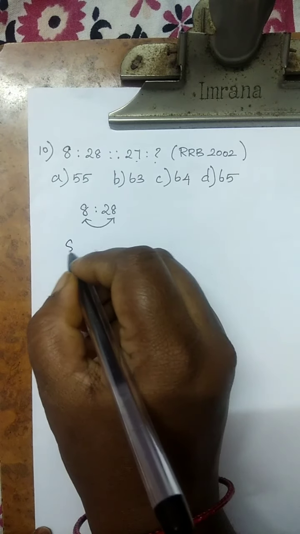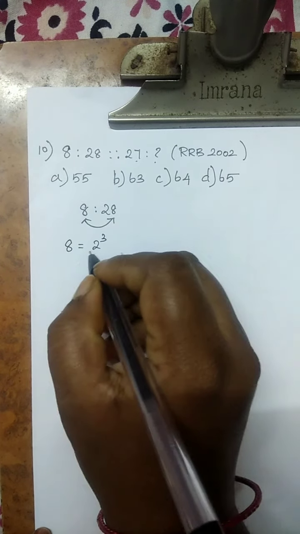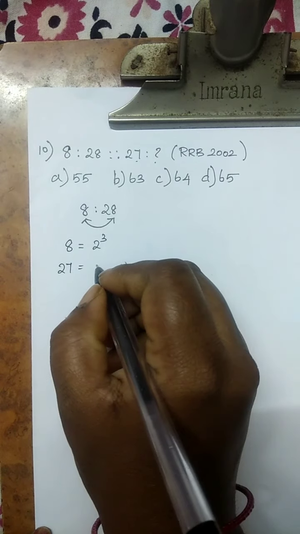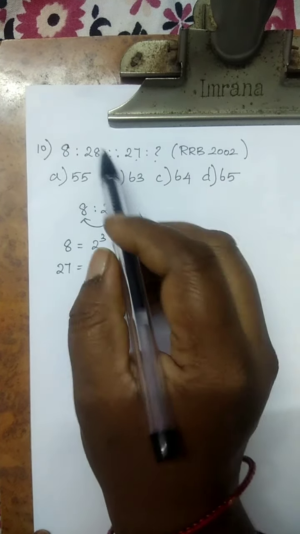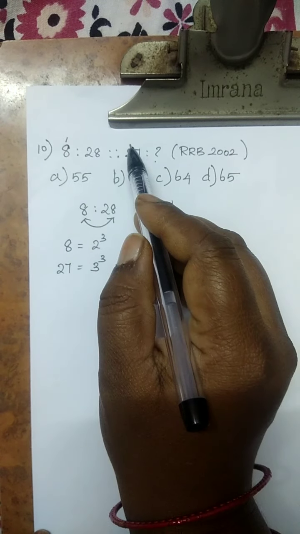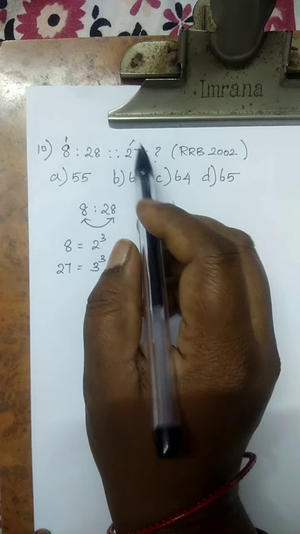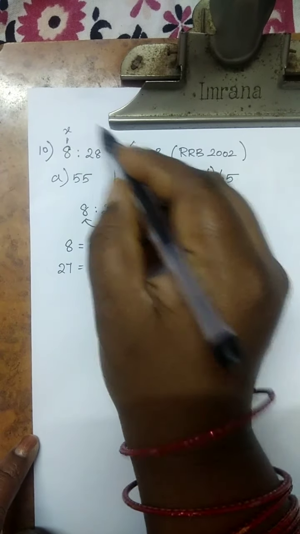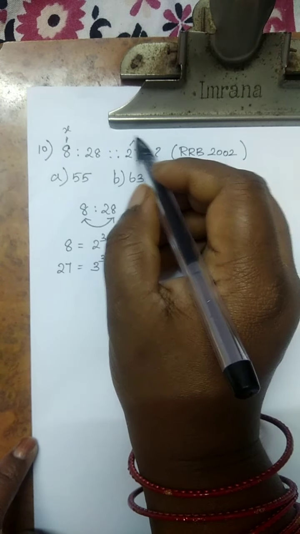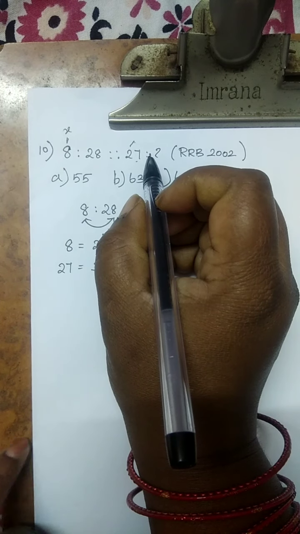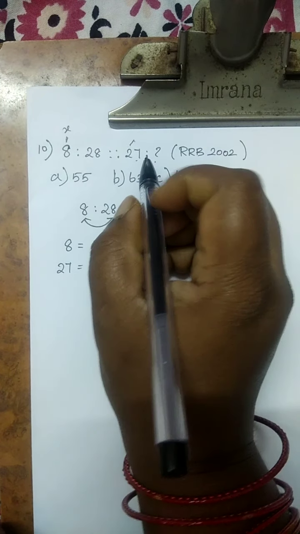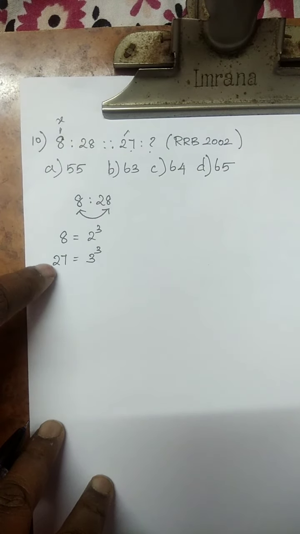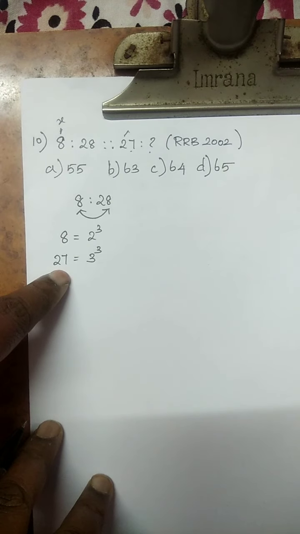Yes. 8 is nothing but 2 cube and 27 is 3 cube. So the first number on both sides is some cube. Let's take it as x. This is x cube, here also x cube. The x variant will vary. So here it's 2 cube, called 8, and here 3 cube, which is called 27.